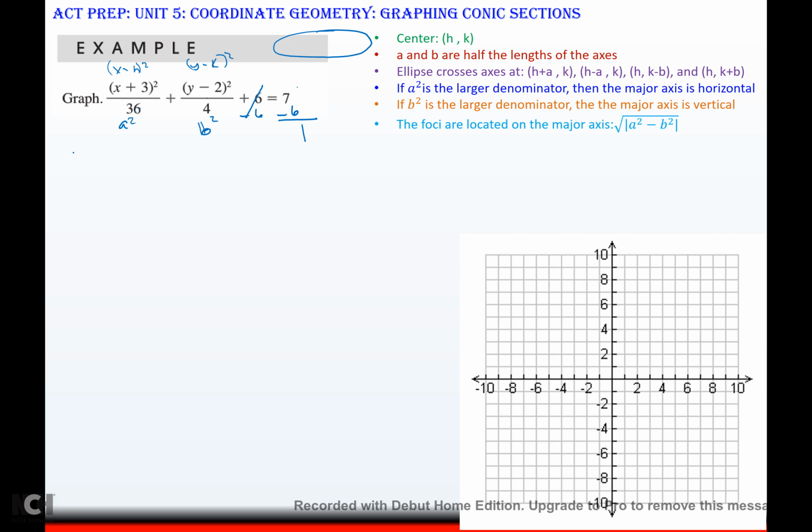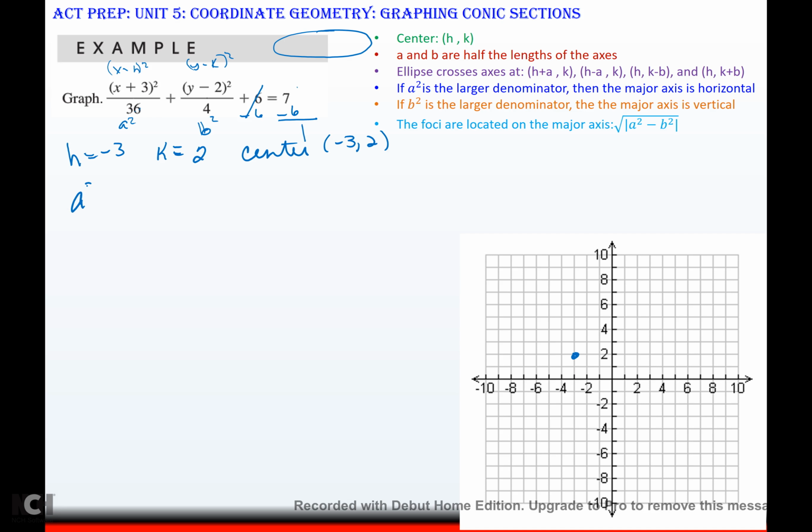So my center, h is negative 3, k is positive 2, so my center is at negative 3, comma 2. So if I plot that, negative 3, comma 2, we're right there. Now I'm going to find my a squared.